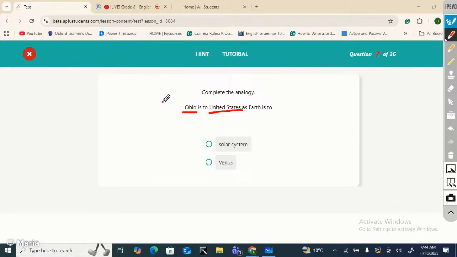So Ohio is a part of the whole. And if Earth is a part, what is the whole? The solar system or Venus? So yes, Earth is a part and the solar system is the whole. Which one is correct? Option one.